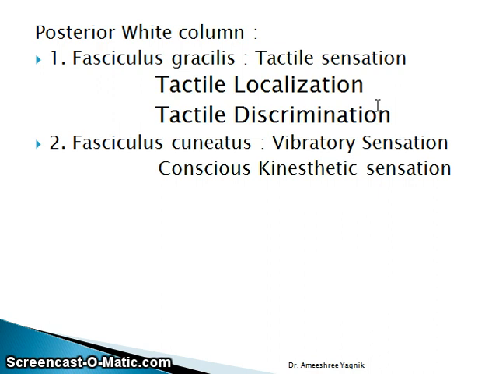Tactile localization is the individual's ability to identify the location of stimulation, touch, pain and pressure of any intensity. And what is tactile discrimination? If you are touched on more than two locations, then you must be able to identify how many times you have been touched, and what the difference was between those two or three touches.